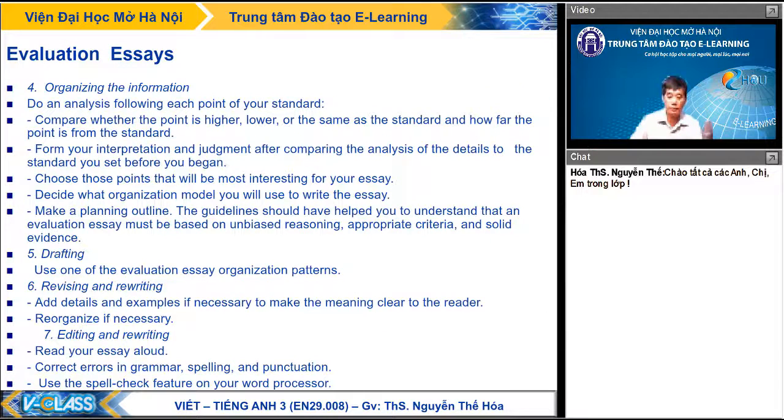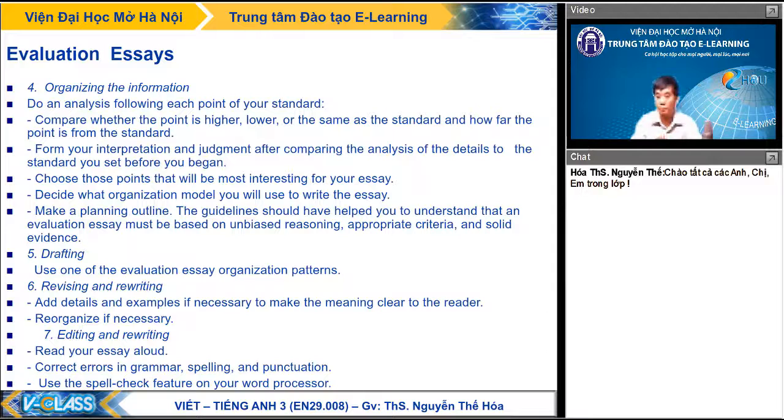And the next thing, you have to organize the information. So try to arrange your information piece by piece. And also you compare some points, because you have a rank of standards, and you might arrange things from the most important thing to the most interesting thing.